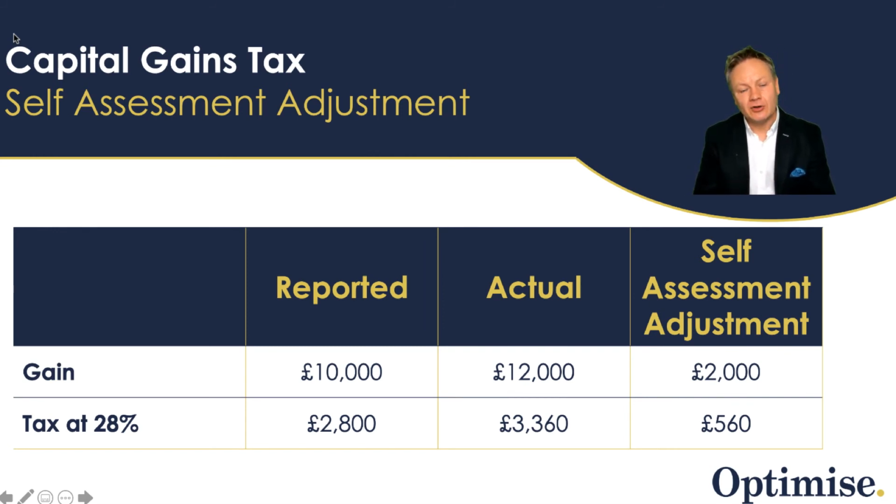But you've done some rejigging of your numbers on your self-assessment tax return, and oh dear, we've got a gain of £12,000, not £10,000, so a £2,000 extra gain was made compared to what was reported. And that leads to a £560 difference in tax that needs to be paid over to HMRC by the 31st of January as part of your overall tax payment.